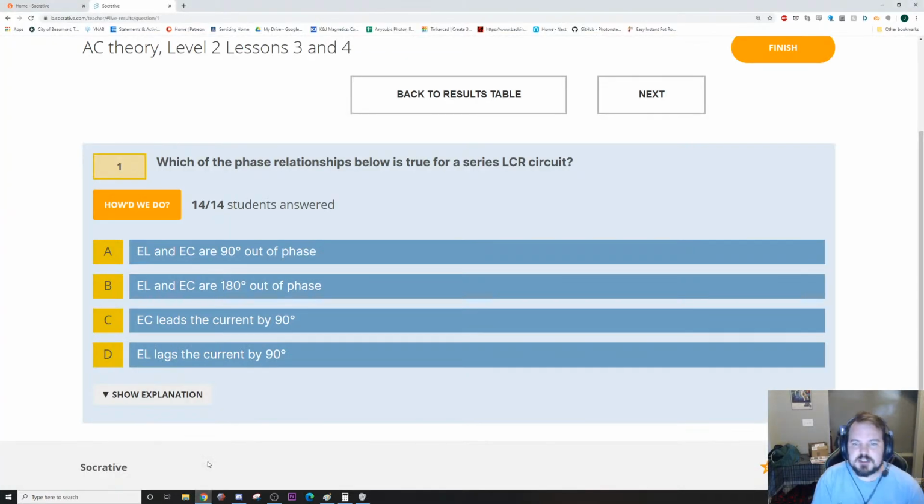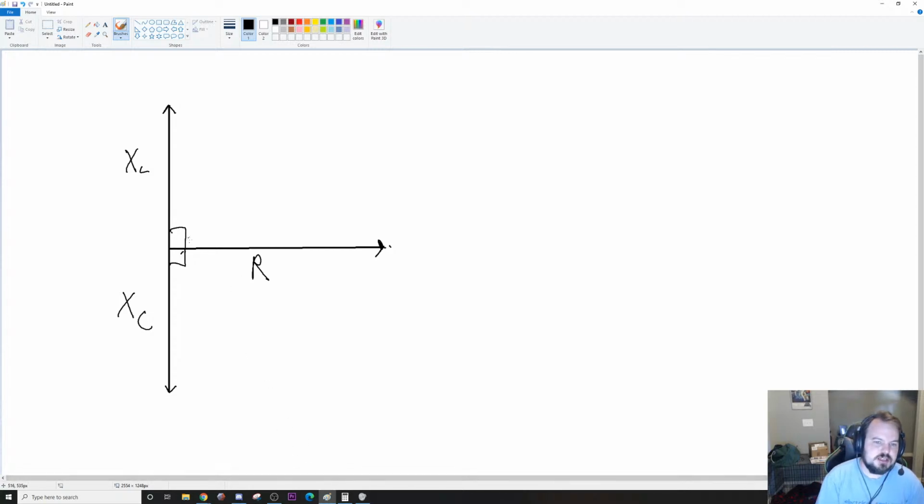Alright, which of the phase relationships below is true for a series LCR circuit? EL and EC are 90. Okay, so this is all about the voltage triangle, not the resistance triangle.